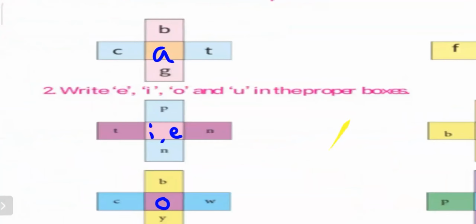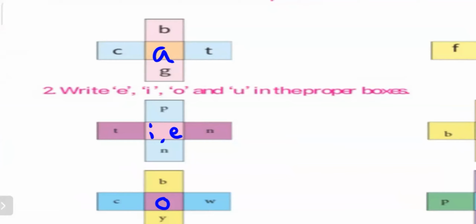The next exercise, write E, I, O and U in the boxes. Okay, here 4 boxes are given and 4 blank places are also there. We have to add the vowels E, I, O and U in the blank places. Okay, let's see the first one.